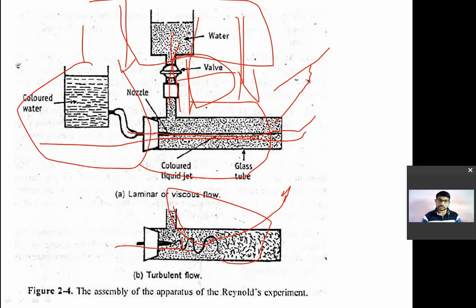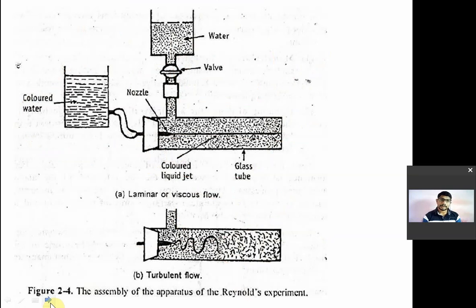And if you introduce that water at a higher rate, there will be mixing of your colored solution and water, and this type of flow is known as a turbulent flow. That is the main basic difference. ठीक है, turbulent flow क्या होता है और laminar flow क्या होता है, ये समझ में आ गया आपको. This experiment was done by Reynolds, and it is known as the Reynolds experiment.